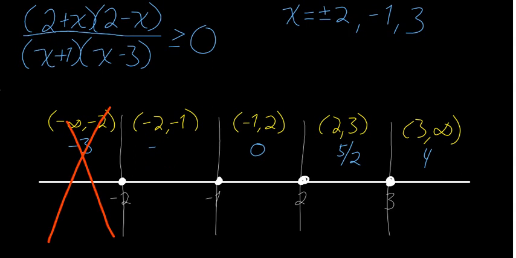Negative 1/2 is not between negative 2 and negative 1. It should be negative 3/2. That's better. Sorry about that. So let's try it one more time. Okay, so 2 minus 3/2, that's again 2 minus 1.5.